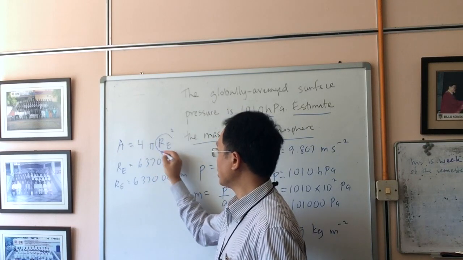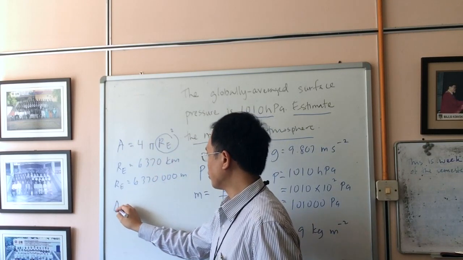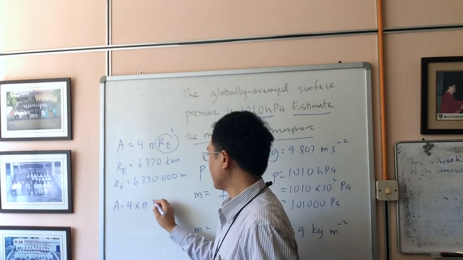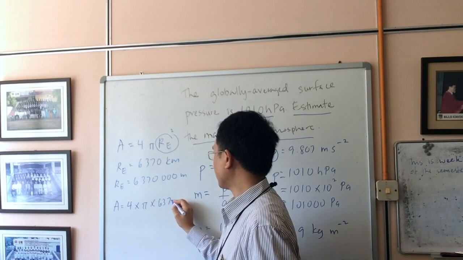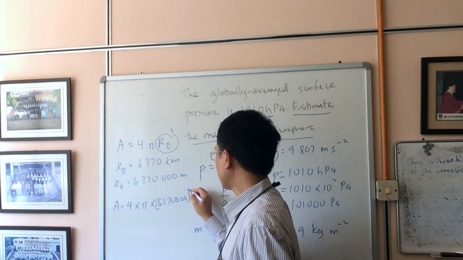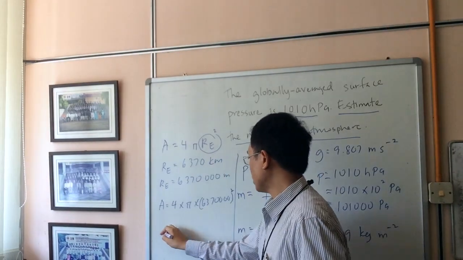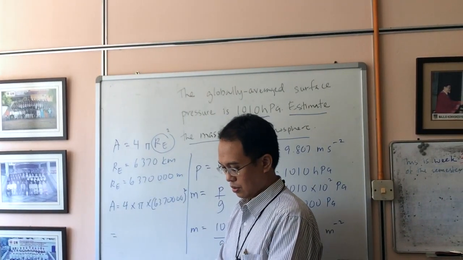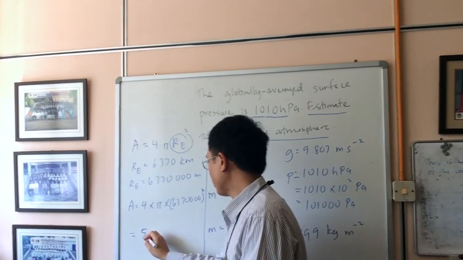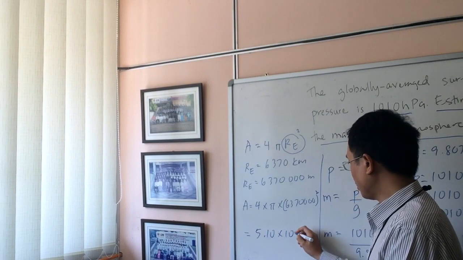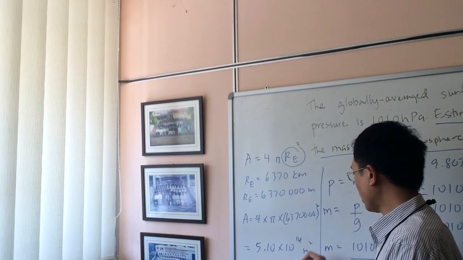Substitute this in, and we get a surface area of 4 times pi times 6,370,000 squared, and this would give us 5.10 times 10 to the power of 14 meters squared.